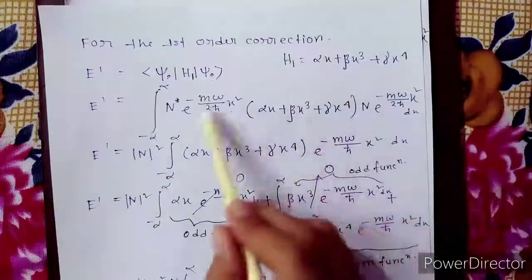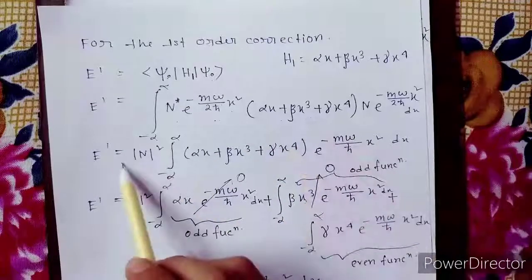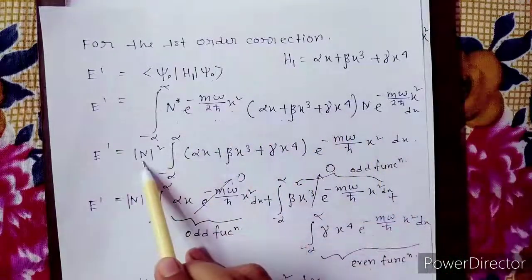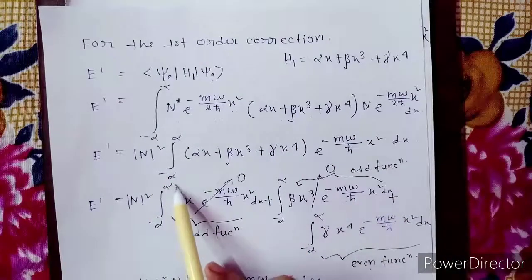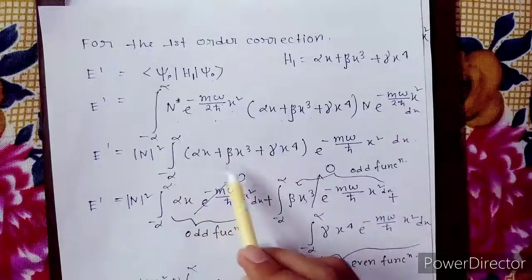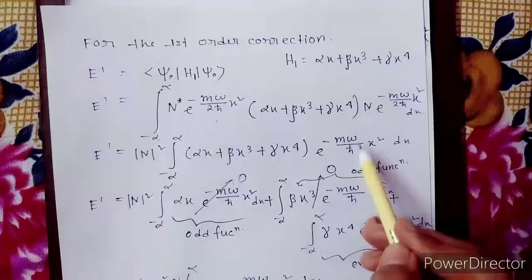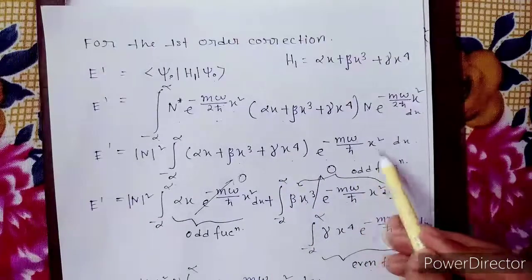If we put in all the terms, N* and N become |N|², and we get |N|² integral from minus infinity to infinity of (αx + βx³ + γx⁴) e^(−mω x²/ħ) dx.